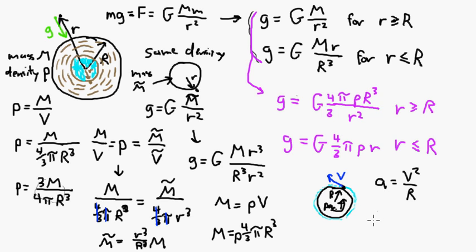So big G M over r squared, this is gravity on the surface, where little r equals big R, equals v squared over r, which then means, let's bring this down here, and I'll do this in blue just for fun, cancel these two, which means v squared equals G big M over big R. I want to cut this short because I don't want this to go on too long, and I'm about to reach the 15-minute mark.